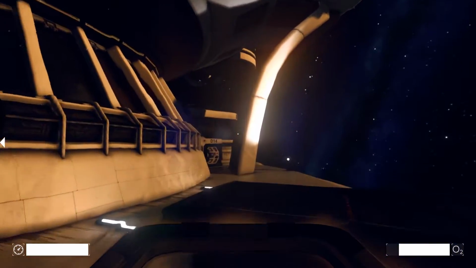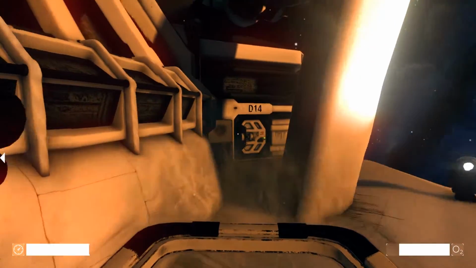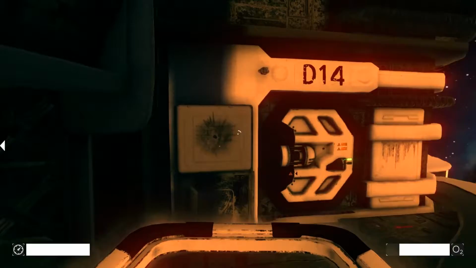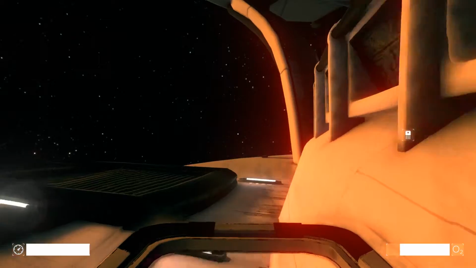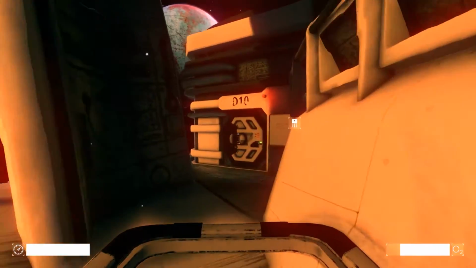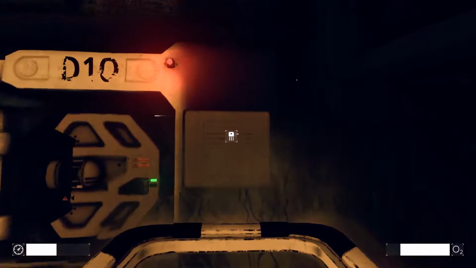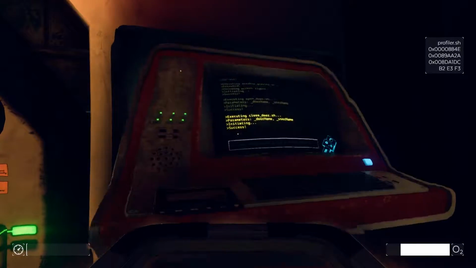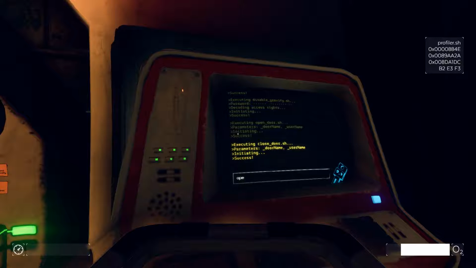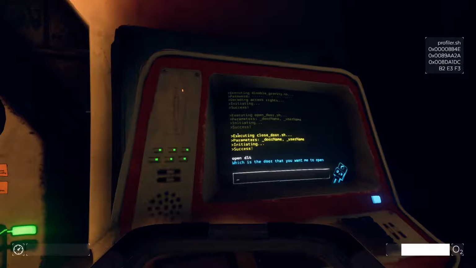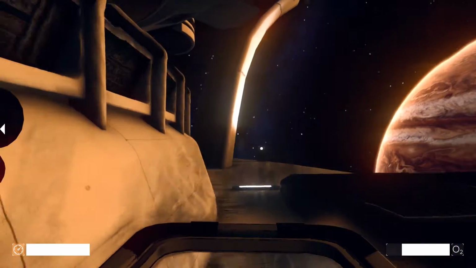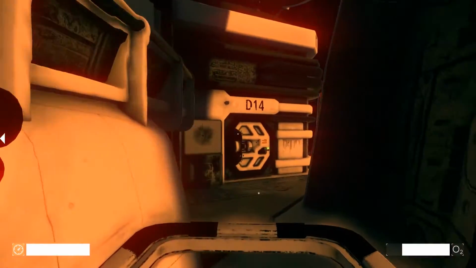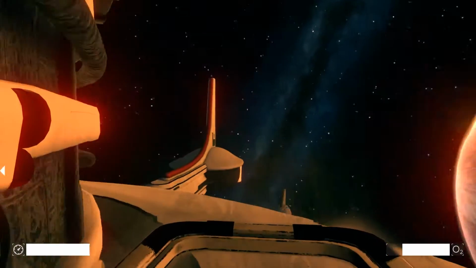Oh, wait, hold on. No terminal here. All right, let me see if I can open the door from the other side. So D14. Ah, it doesn't let me go in there because the terminal is damaged.